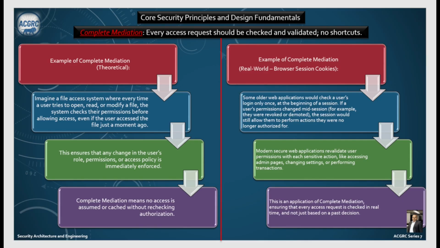Let's now look at complete mediation. Every access request should be checked and validated. No shortcuts. Now what does it mean? Let's look at a theoretical example. Imagine a file access system where every time a user tries to open, read or modify a file, the system checks their permission before allowing the access, even if the user accessed the file just a moment ago.